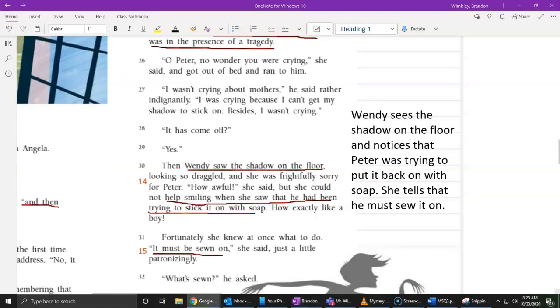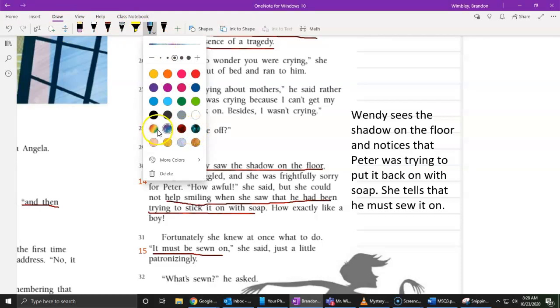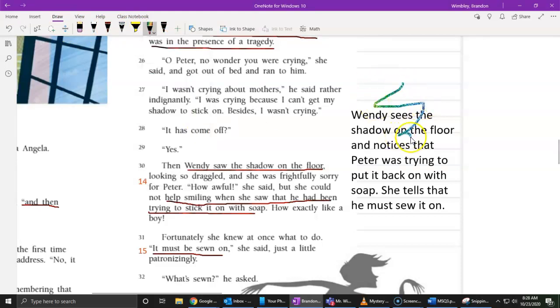So remember, we're looking at Peter and Wendy. And let me get my drawing tool, and let's use this rainbow one this time, instead of the galaxy. So starting in paragraph 27.